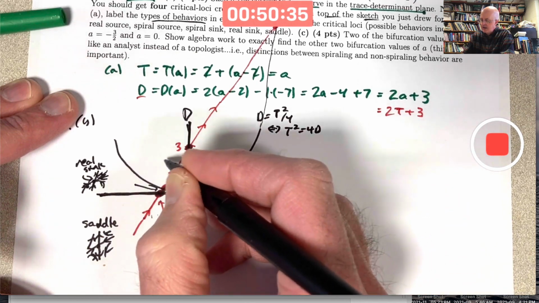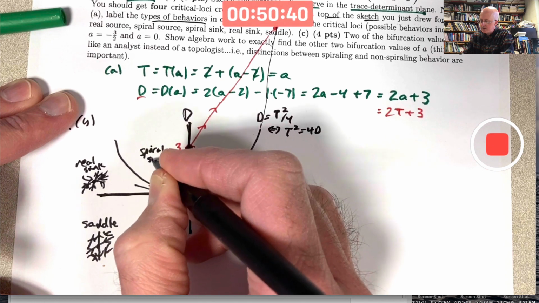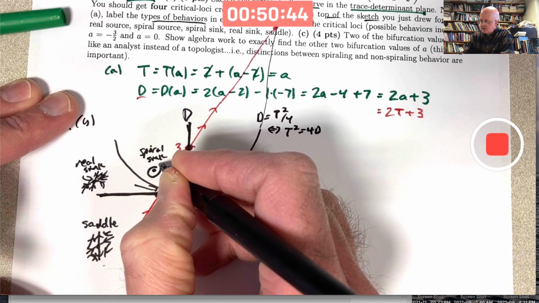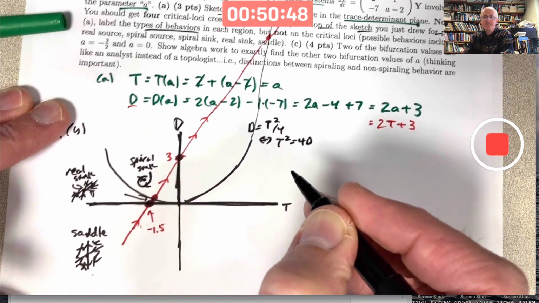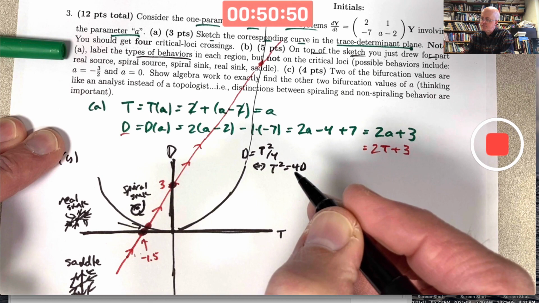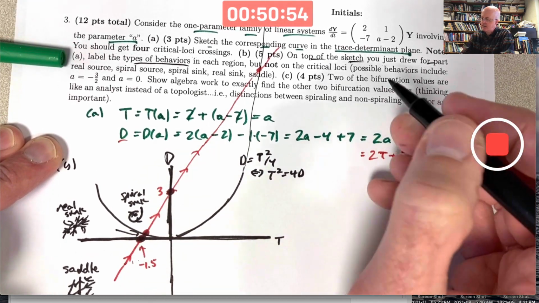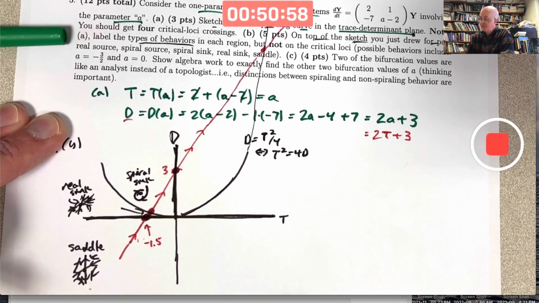In here, you've got a spiral sink. Will it spiral clockwise or counterclockwise? I'm not going to take the time to figure it out. It actually is going to be clockwise. I can tell by looking at the first column of this matrix. I'll leave it to you to figure out why.